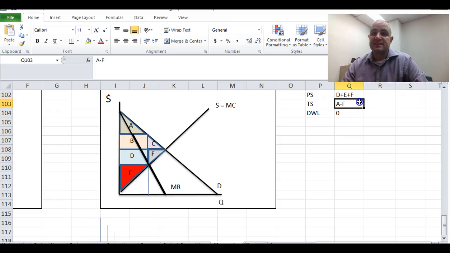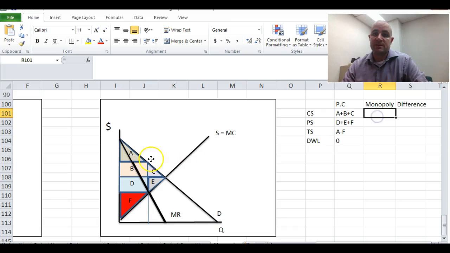So if that's the case, then with a monopoly, the consumer surplus is going to be the difference between what they were willing to pay, demand, and what they did pay, the price, up to the quantity.